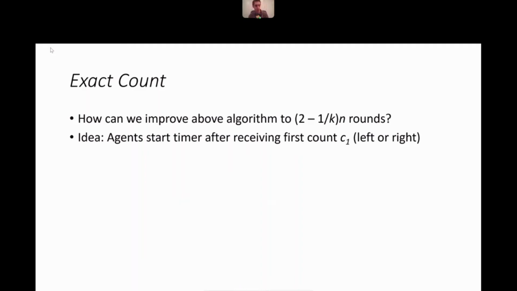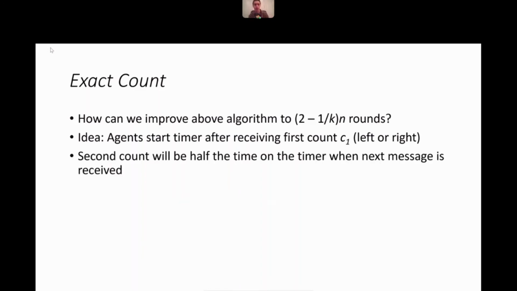when an agent receives its first count, it will start a timer that increments every round. And what you know is that this now requires synchronous timing. When it receives the second message, half the time on its timer will be the distance from it to the other endpoint.